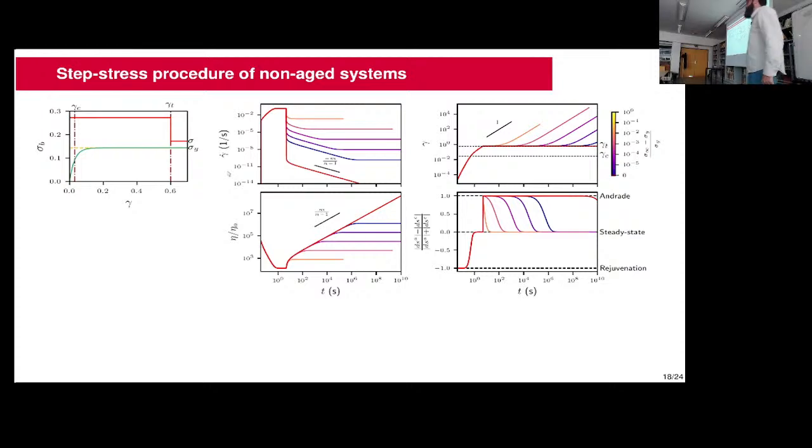Yes? How is it related to tau A and tau B, the two microscopic times? So they are way smaller. Tau A and tau B are like 10 to the minus 3 or 10 to the minus 5.